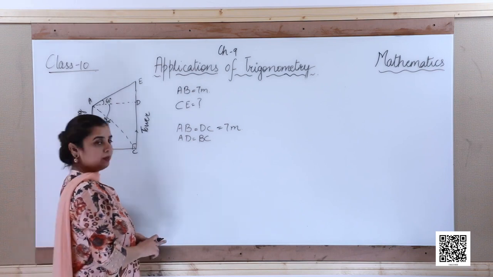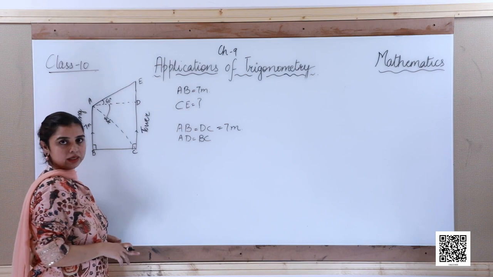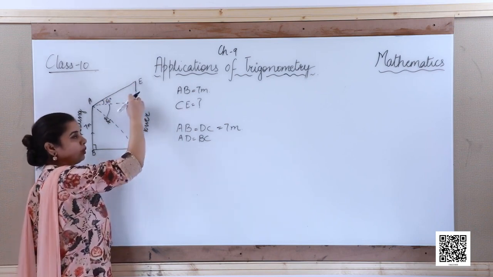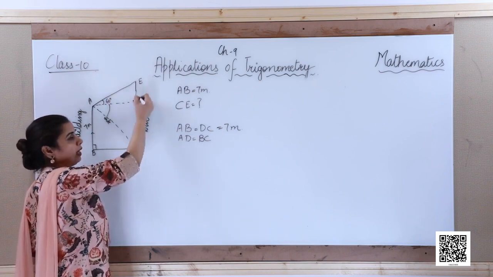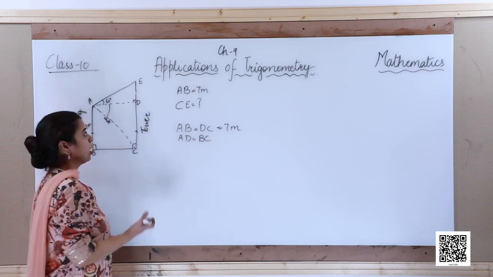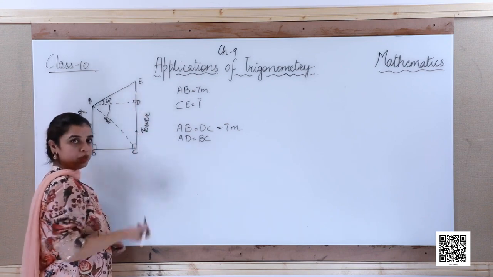So now let us apply trigonometry to find this part, that is DE. But for finding this part, if I apply a trigonometric ratio in this triangle, this is 90 degrees of course, I should need some other length also. At least one of the sides of this triangle should be known.